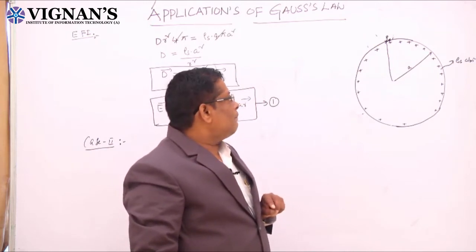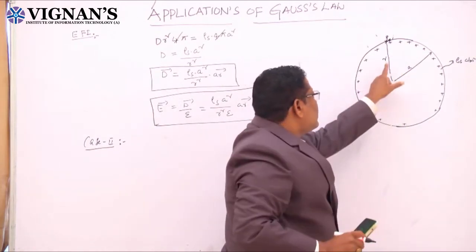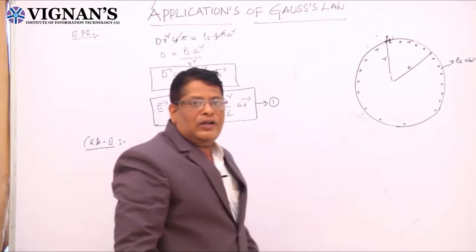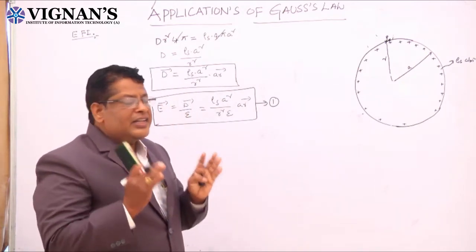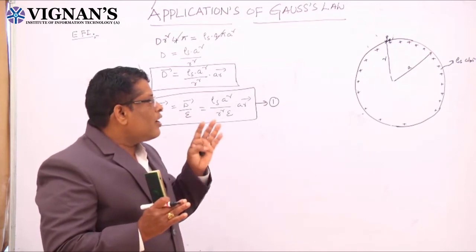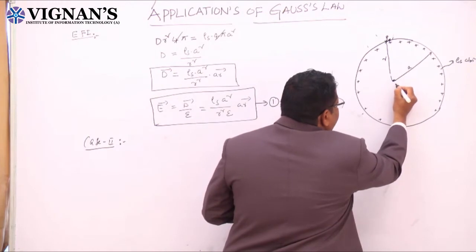Now here, this is R. In second case, R equal to A. Here R is nothing but a, the distance between the point P and origin, nothing but center of a shell.